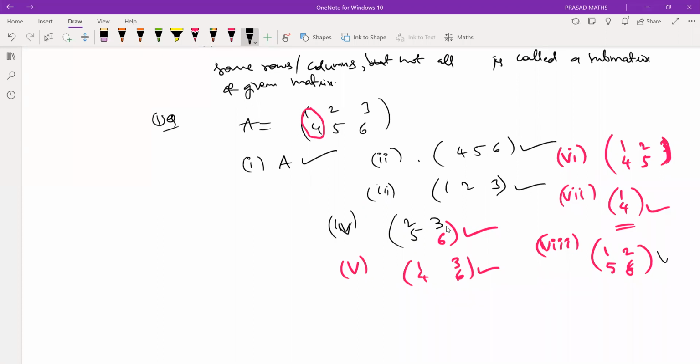So what you observe is that in a submatrix, permutation of entries should not be allowed. Notice that this is not a submatrix. Why? Because permutation or arrangement of entries should not be allowed.